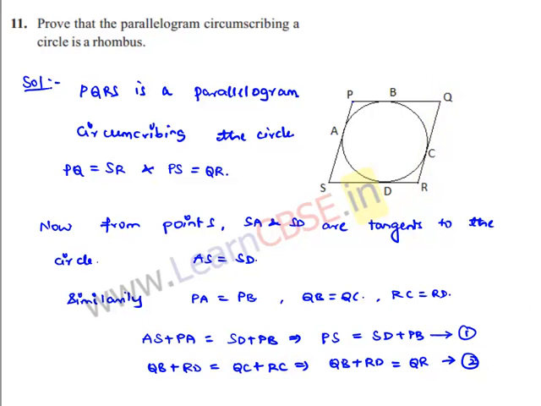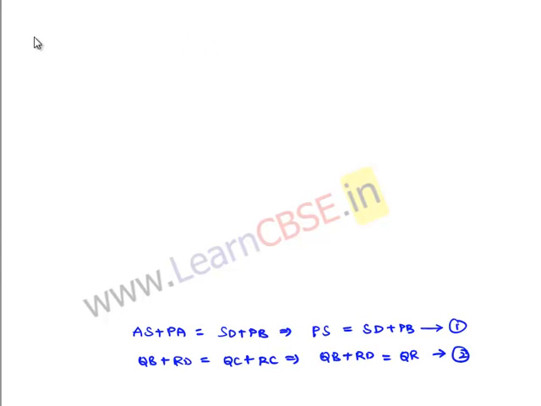Now, let us add both the equations, then we get PS plus QR is equal to SD plus QB plus PB plus RD.